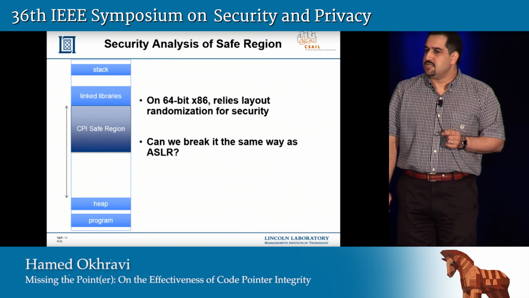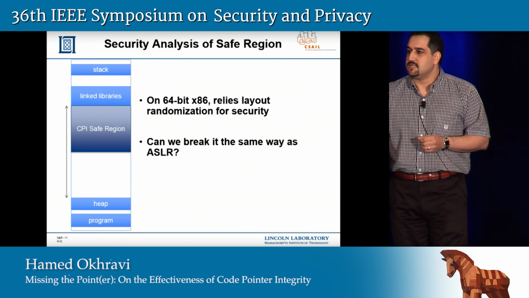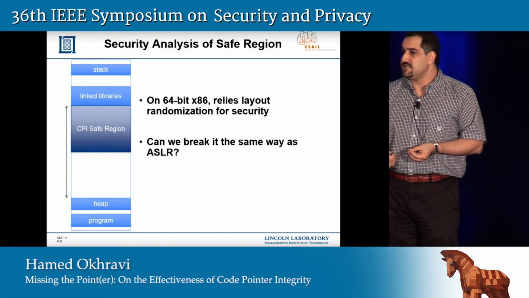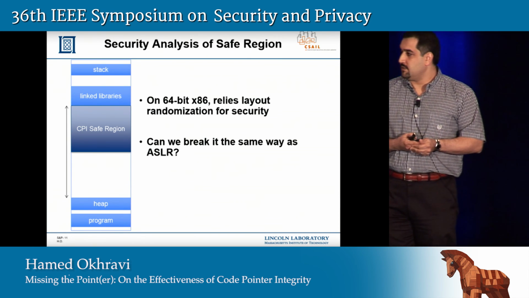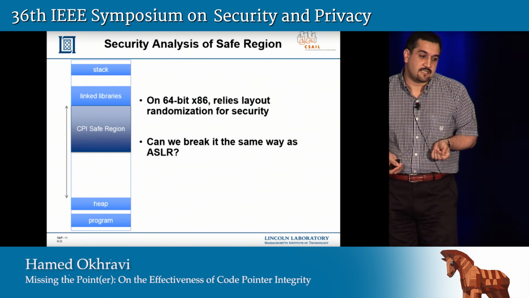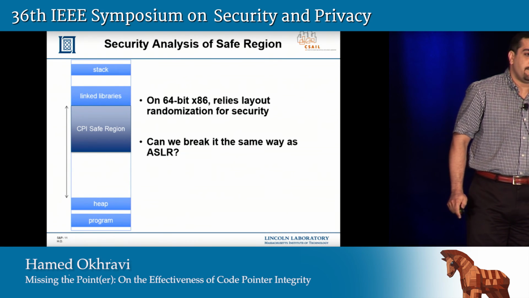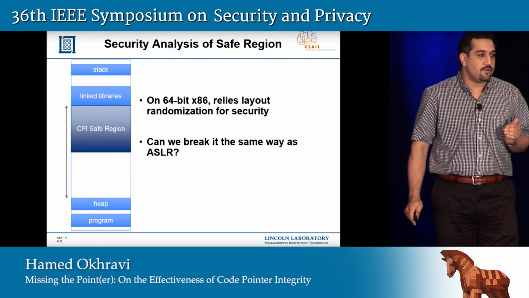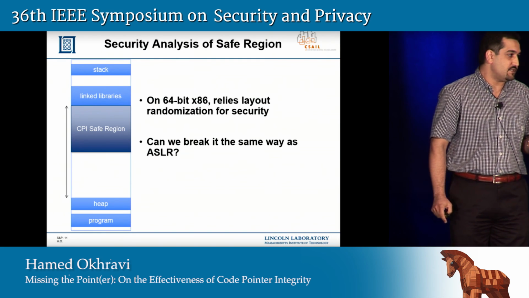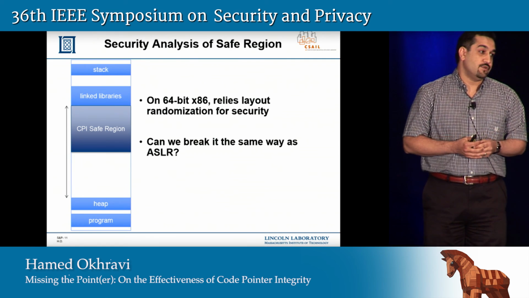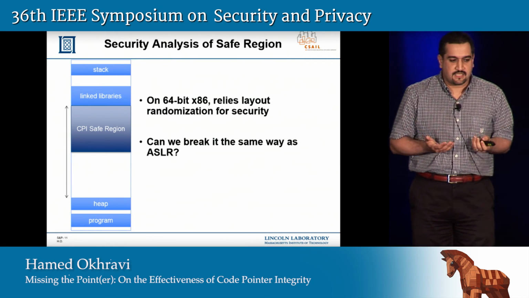So the important question is, how is the safe region protected? Because it is the treasure trove of information, and if an attacker can leak the safe region or modify the safe region, then they can bypass a technique like CPI. In the current implementation, for 32-bit x86 architecture that supports segmentation, CPI actually uses segmentation to protect the safe region, which is reasonably secure.